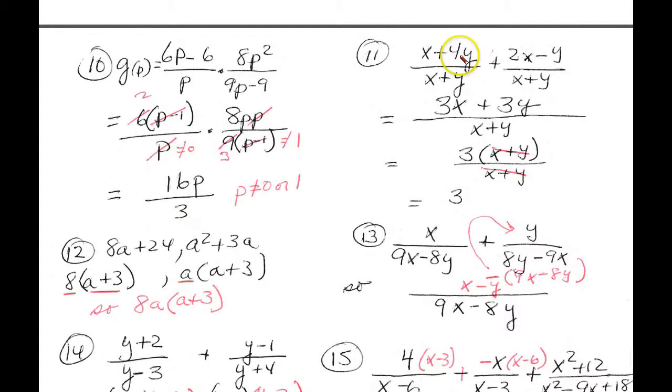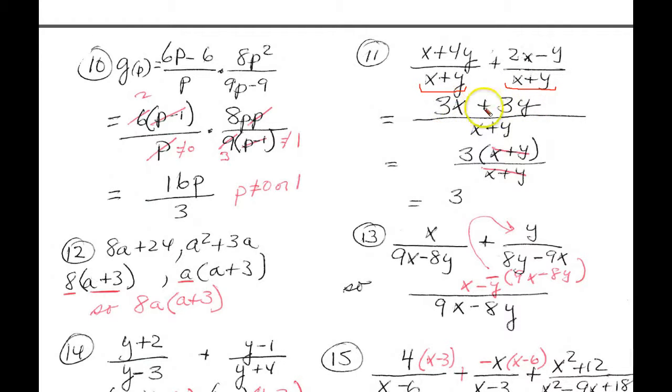Number 11, we're now going into adding. We just want to note, are our denominators the same? Yes. So then we just add our numerators. X plus 2x is 3x. 4y minus 1y is 3y.